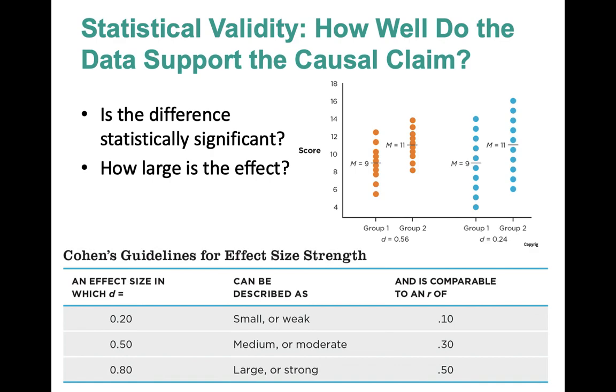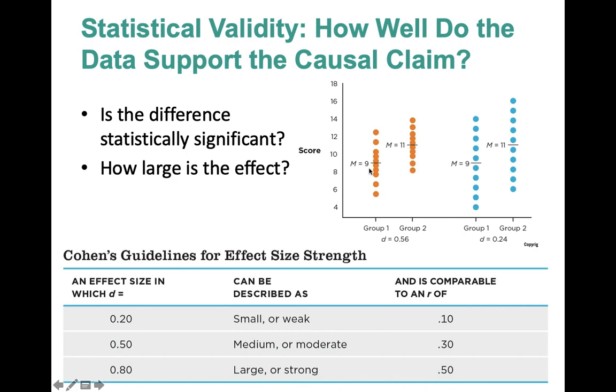If there's a larger effect, there's a bigger difference between the groups, and there's less of an overlap between them. And so you can see on the graph in the upper right a d of 0.24, which is a smaller weak effect, and then you can see a d of 0.56, which is a medium or moderate effect.